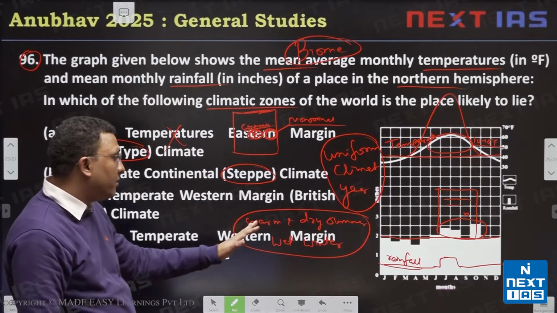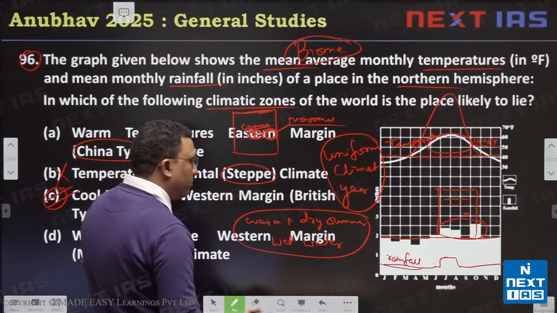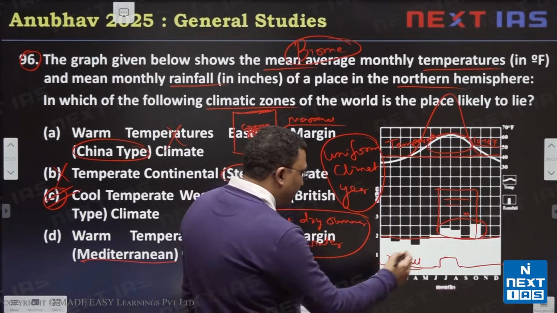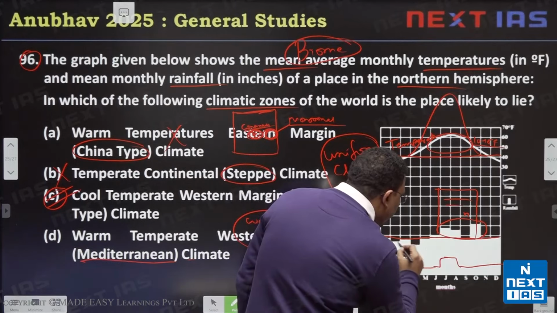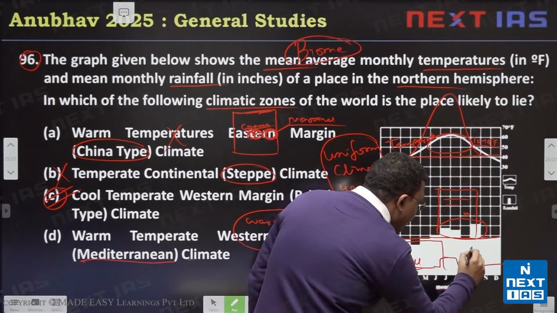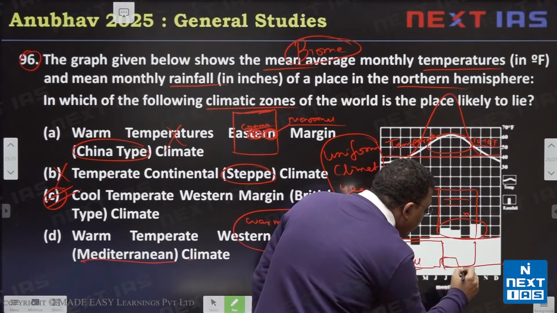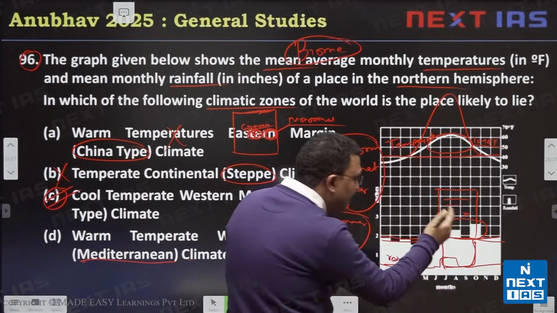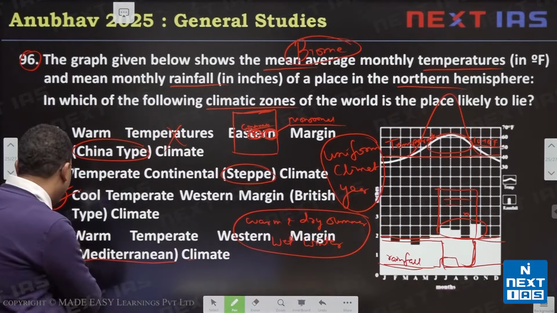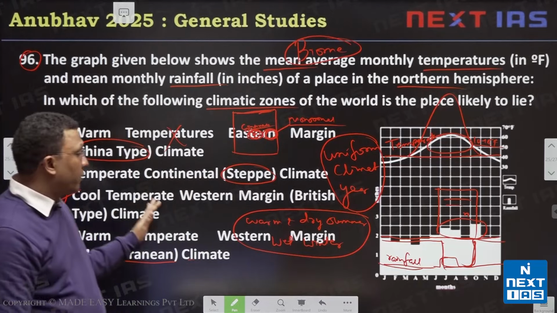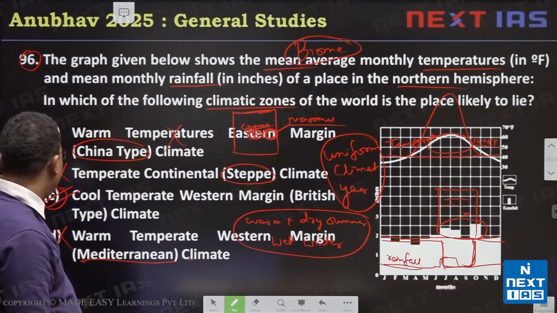That means summer months are dry and rainfall occurs in winter months. So the rainfall graph for Mediterranean climate will actually show a dip in summer months. During summer the rainfall will decrease, so there will be a cusp here. Instead of increasing, it will decrease. So this option is also eliminated, right? So that's how you approach such type of question. C is the correct answer here.